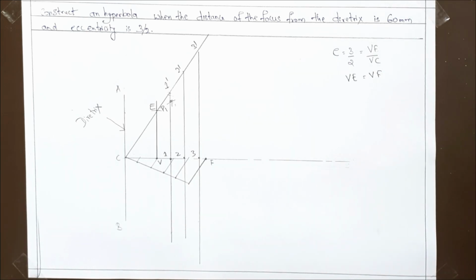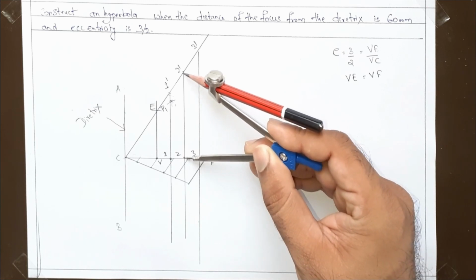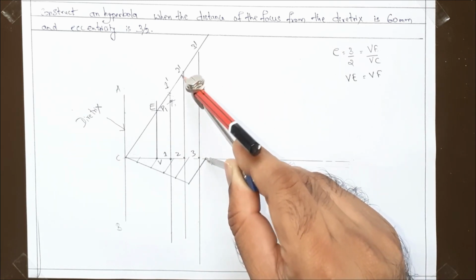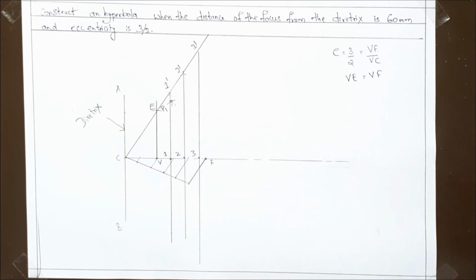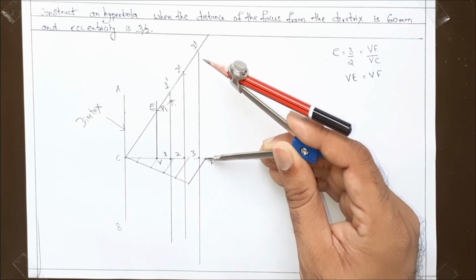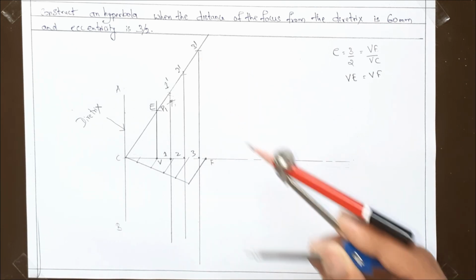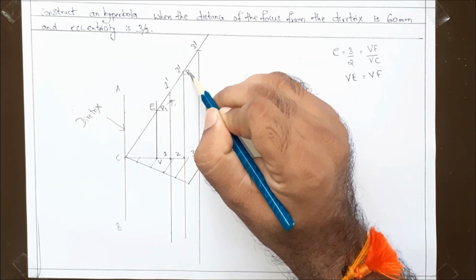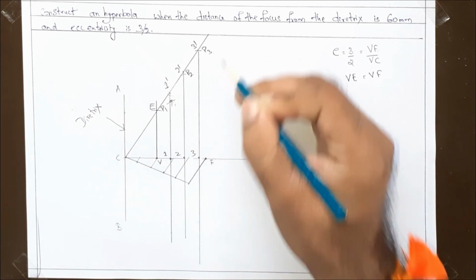Similarly, let's measure the distance of 2 dash, and with F as center, let's draw an arc, and also measure the distance of 3 dash, and with F as center, mark an arc. Let these points be P2 and P3.